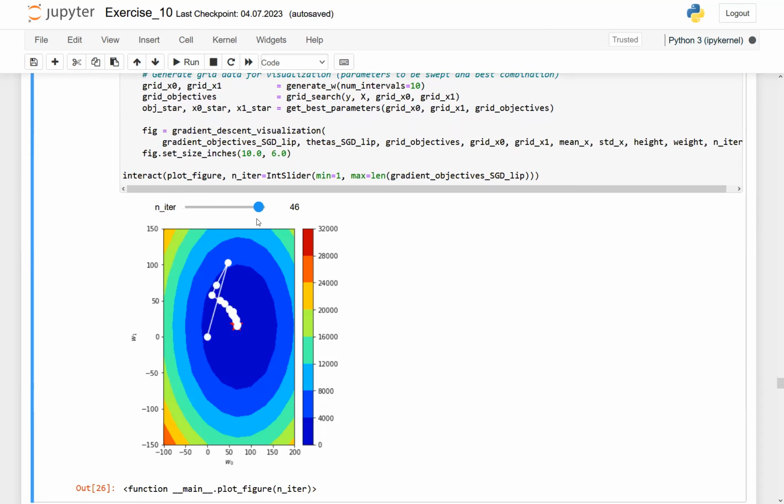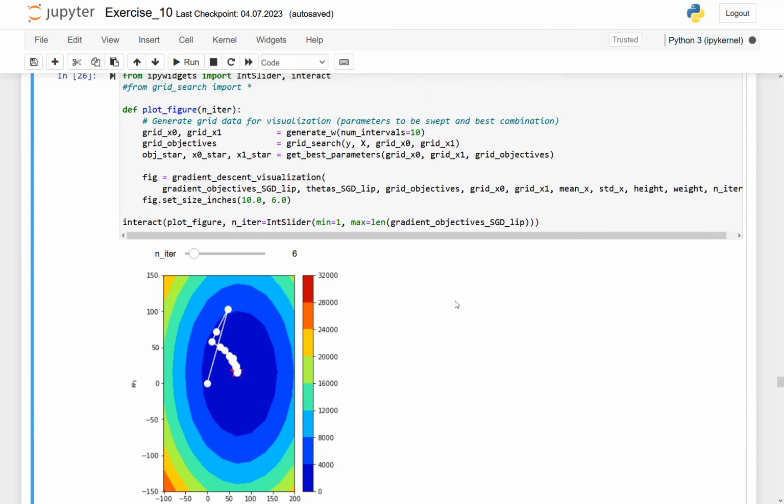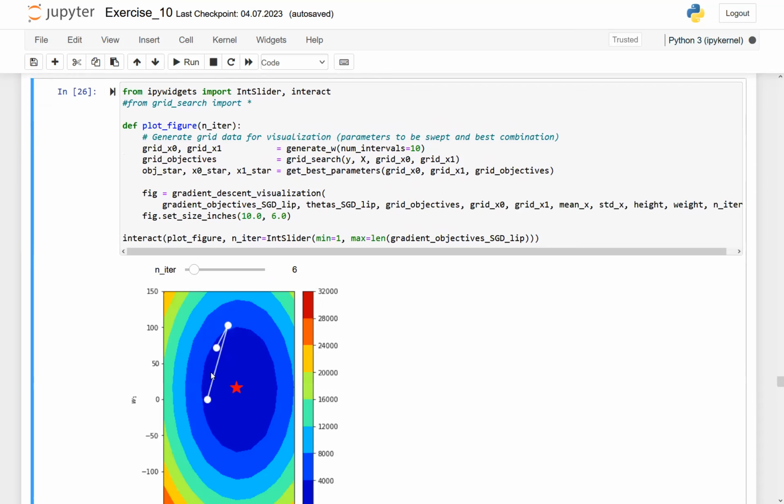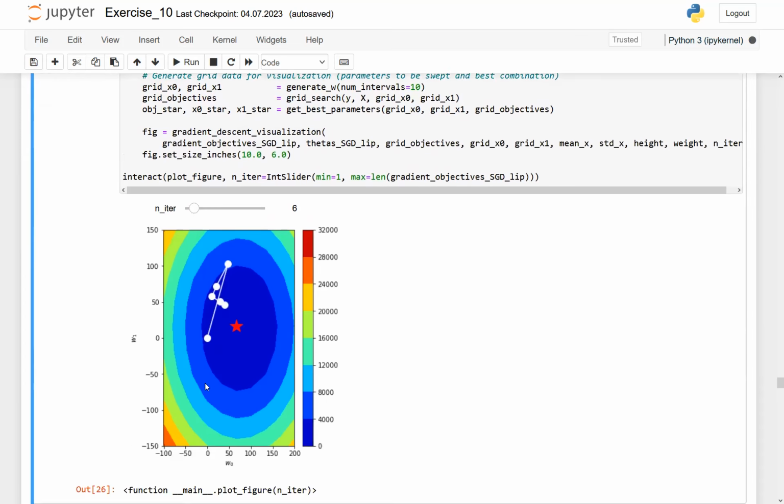Quite interesting what is happening here. So you're jumping away with the very first one and then correcting yourself over time. Now this is going the steps back.